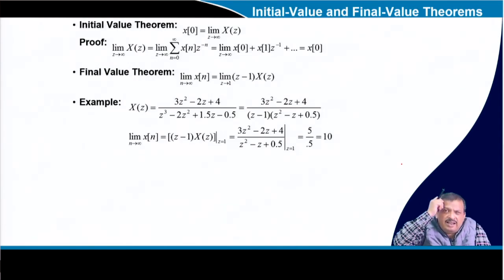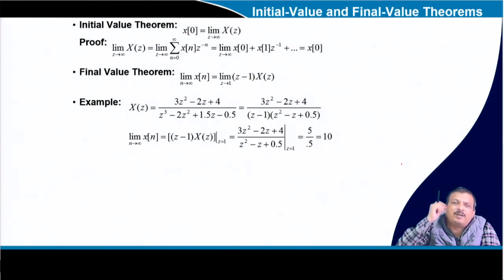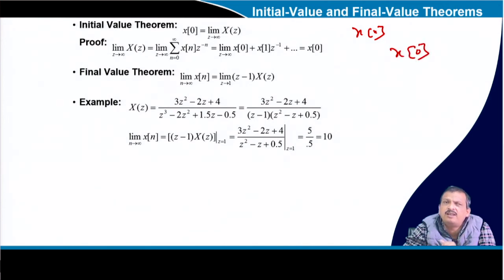Then there is another important theorem, which is called the initial value and final value theorem. Let us say it is an initial value. Suppose I have x[n], what is the initial value? The initial value is nothing but x[0]. So, what does the initial value theorem say?